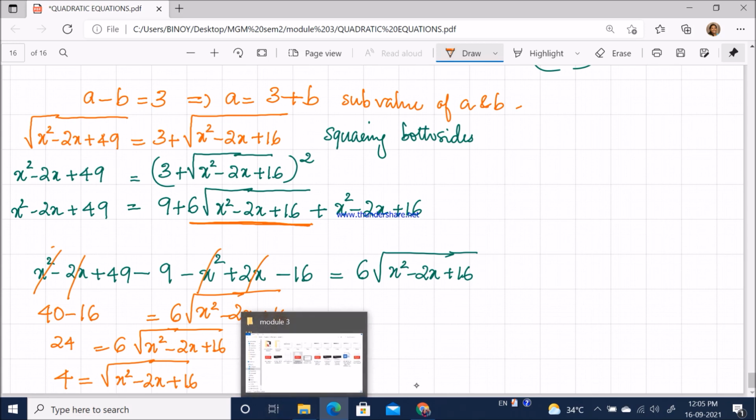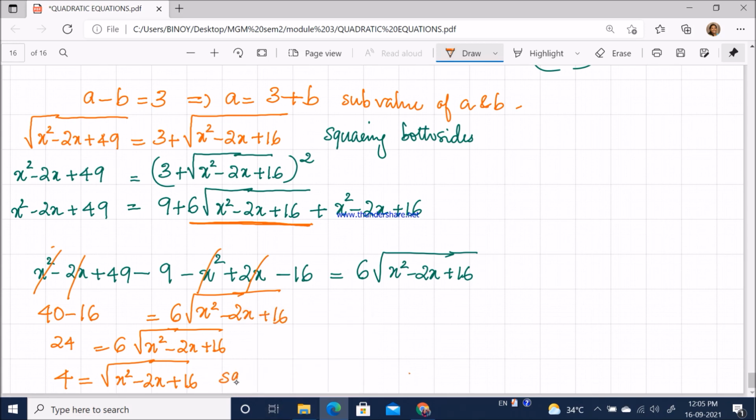Now I'll square, which implies 16 is equal to x square minus 2x plus 16. So we will take the 16 to the other side, and it will be x square minus 2x is equal to 0.